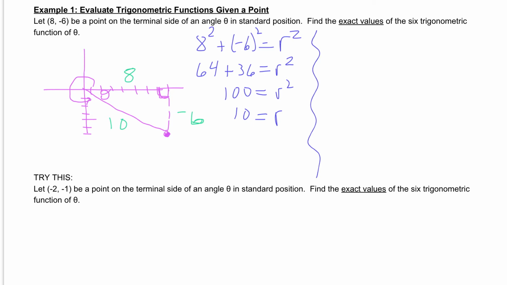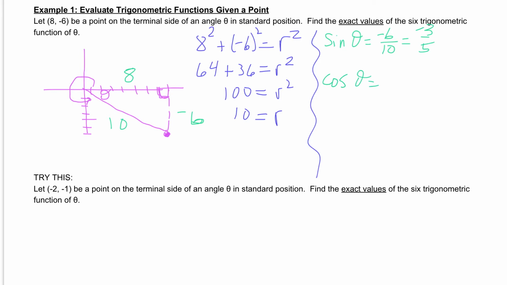So if we look for the sine of theta, the sine of theta is the opposite over the hypotenuse. So here's theta, so negative 6 over 10. And then we always want to simplify our fractions. So negative 6 over 10 is the same thing as negative 3 over 5. Then we can find the cosine of theta.